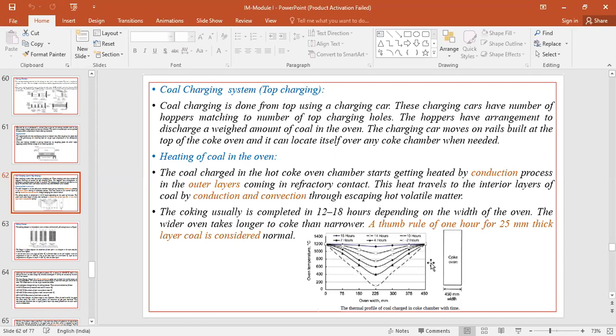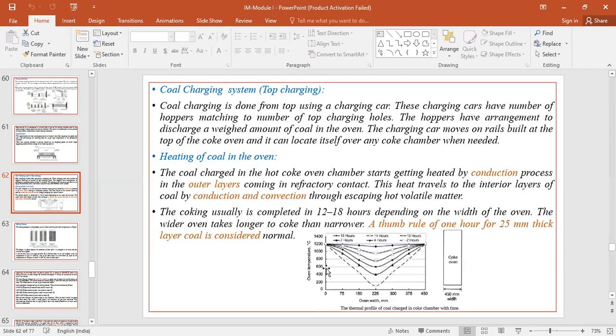Whereas in the byproduct coke ovens, heat basically transmits from the sides. That is also in bidirectional mode, but in the horizontal direction. That is why the thermal profile is like this.